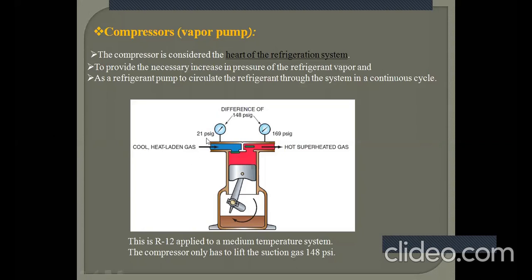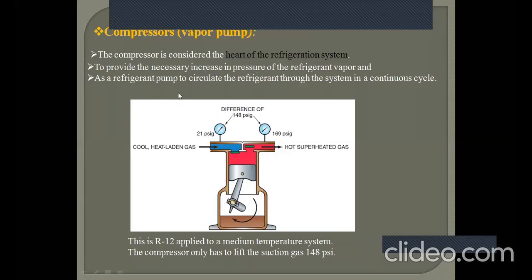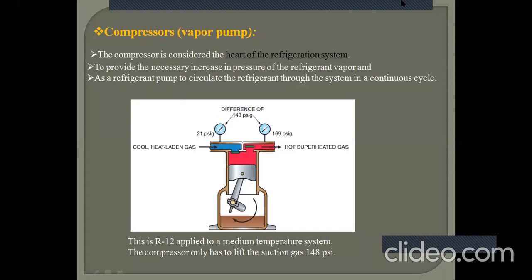Suppose it is at 21 psi gauge pressure; 21 psi is approximately 1.2 or 1.3 bar. This gas is then compressed to 169 psi, which is approximately 10 bar.